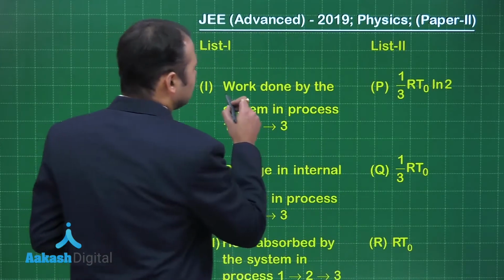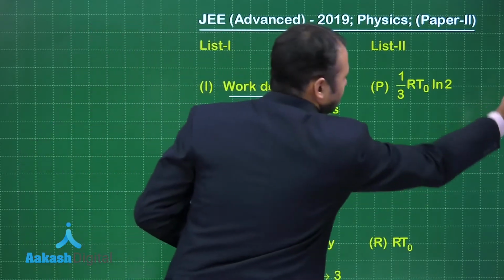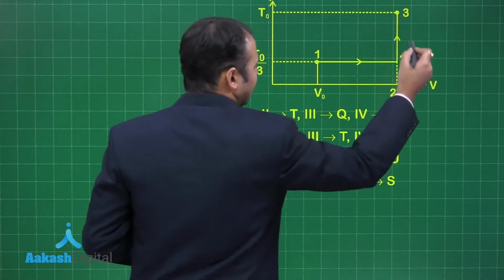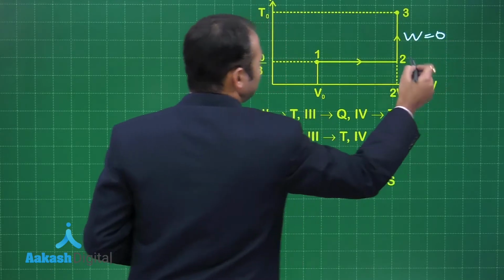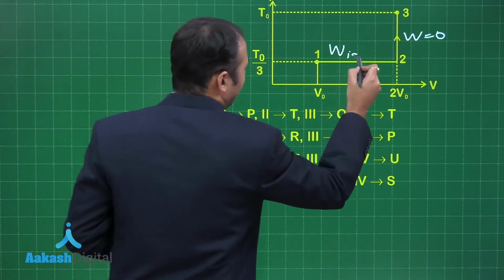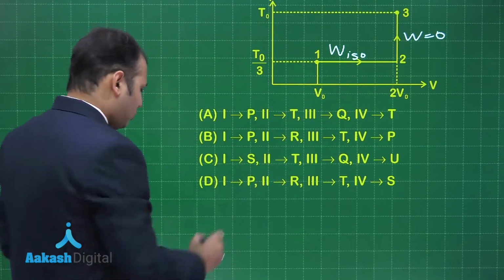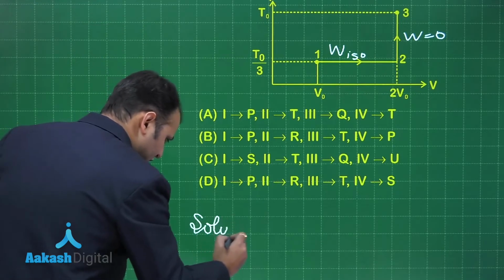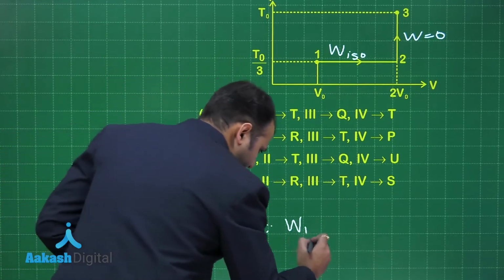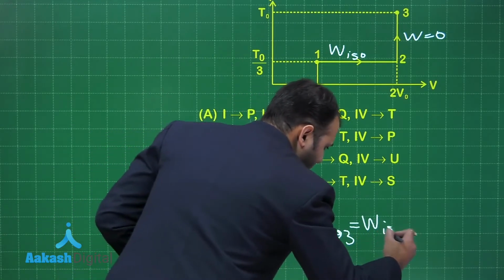The first requirement is the work done by the system in process 1, 2, 2 and 3. As per the graph here, you can see that in this case the work done would be 0 because there is no change of volume, and certainly there will be some work done here, and this is isothermal work done. Why isothermal? Because temperature is constant. So if you want to find the work done from 1 to 2 to 3, it will be only the work done of the isothermal process.